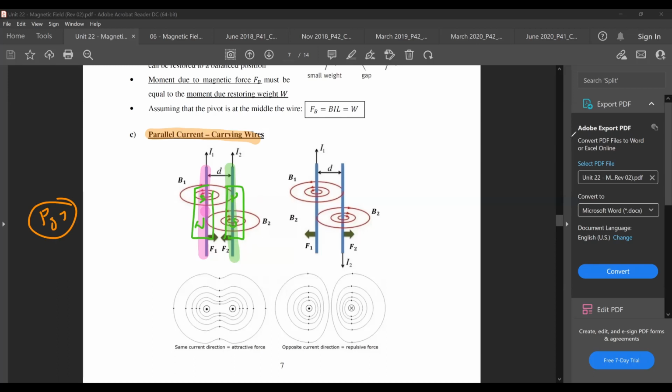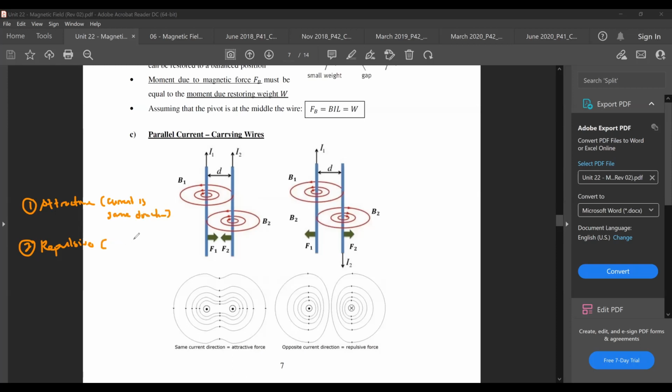So when it comes to parallel current carrying wires, the nature of the force that they experience will only be two types. Either it is attractive, or it is repulsive. Now, for the case where the magnetic force acting on the wires is attractive, this is where the current is in the same direction.